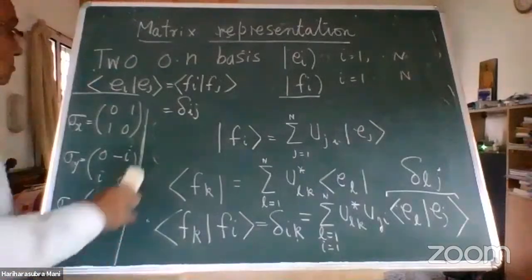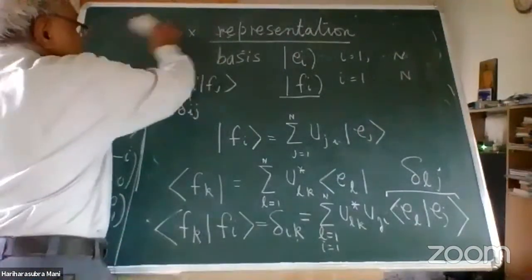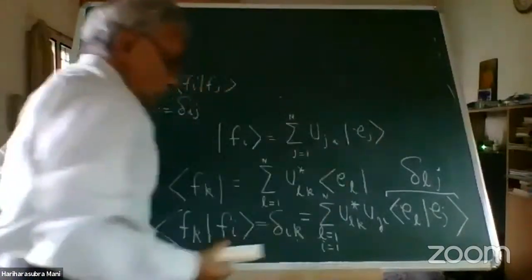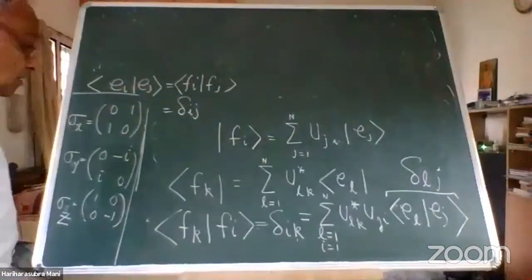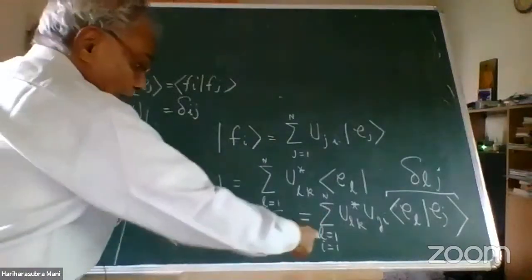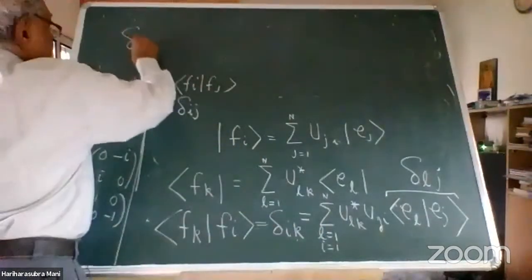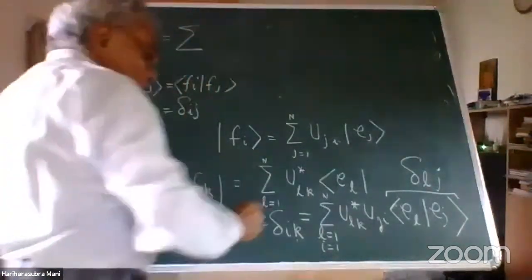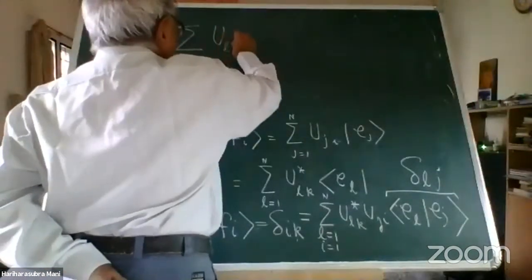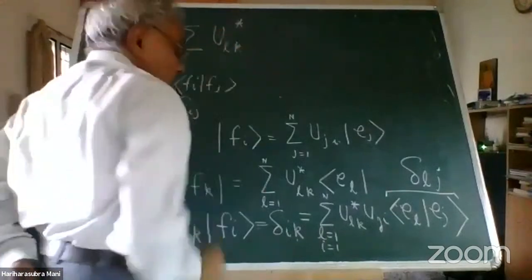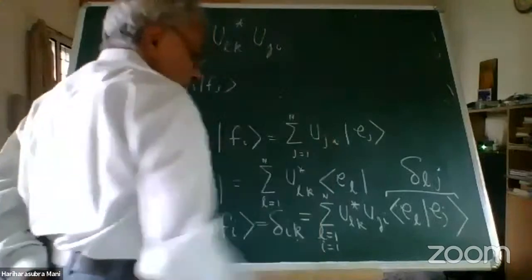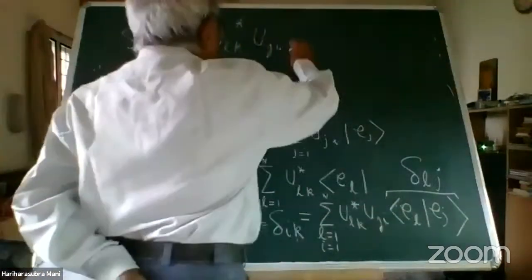So what do I get? I get from here delta_ik equal to sum over U_Lk star U_ji times delta_Lj.